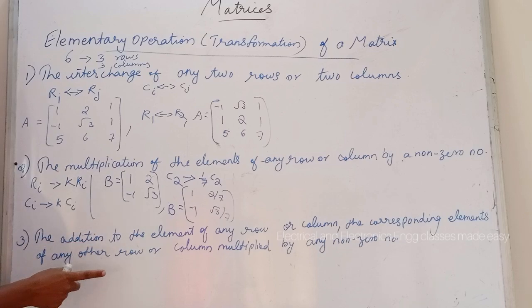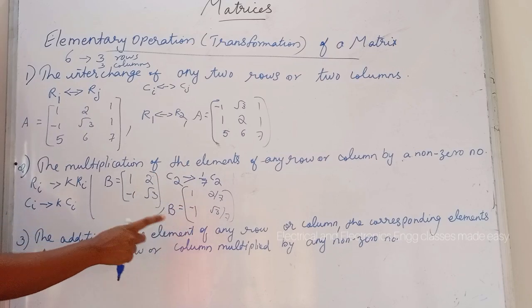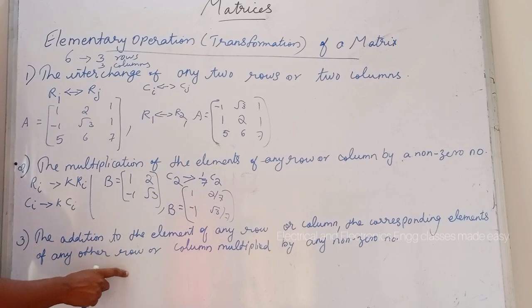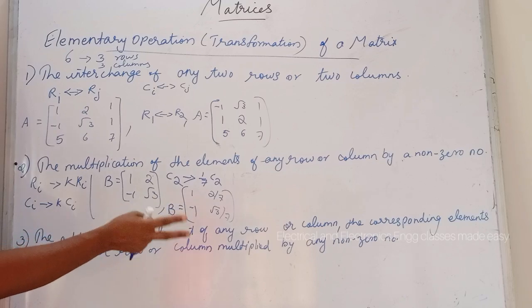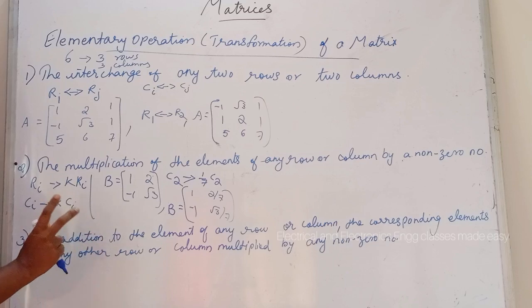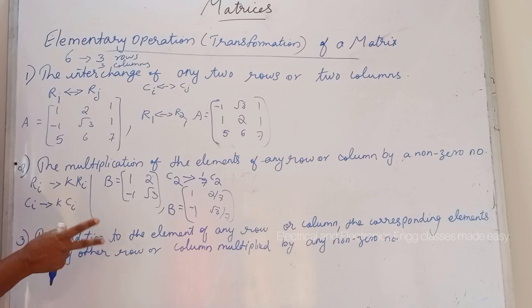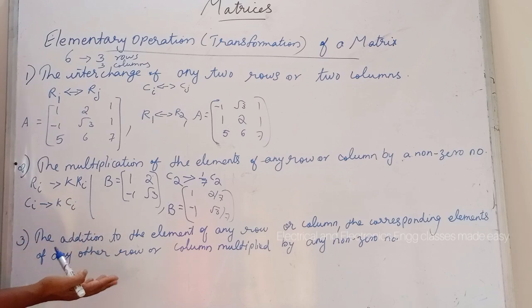Then third one is the addition to the elements of any row or column corresponding elements of any other row or column multiplied by any non-zero number.